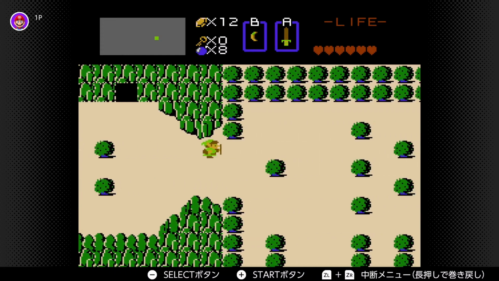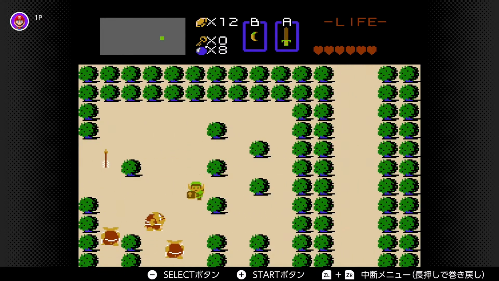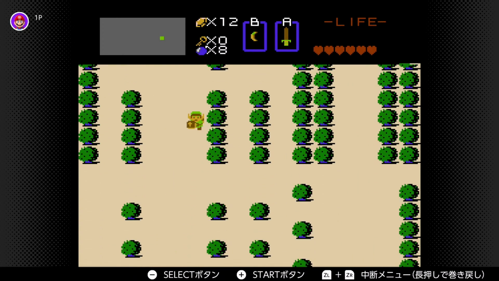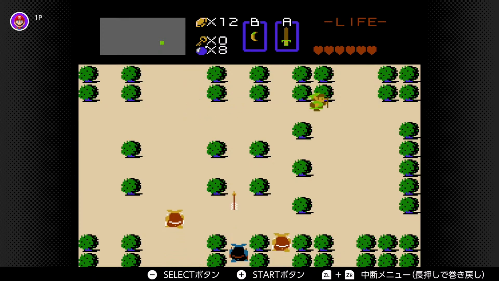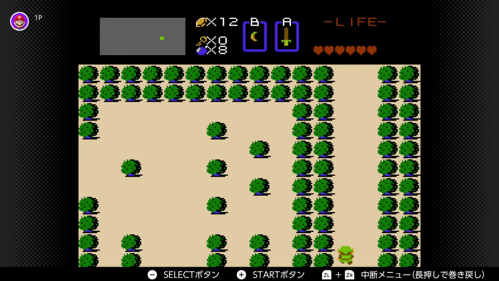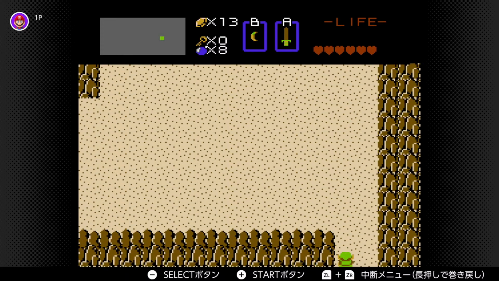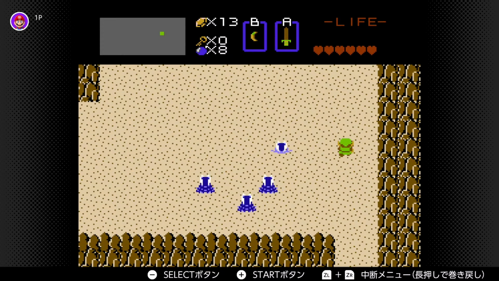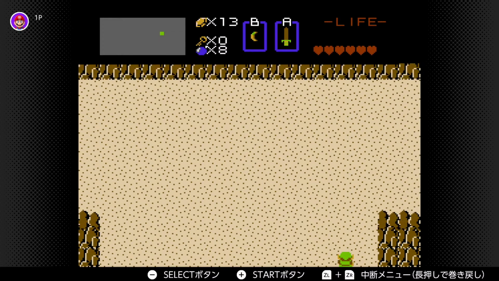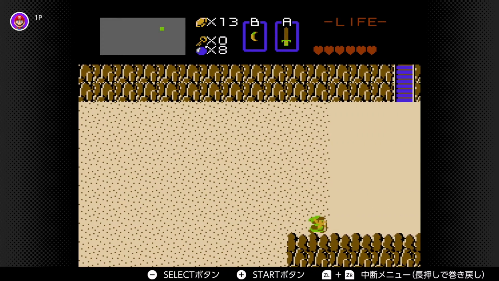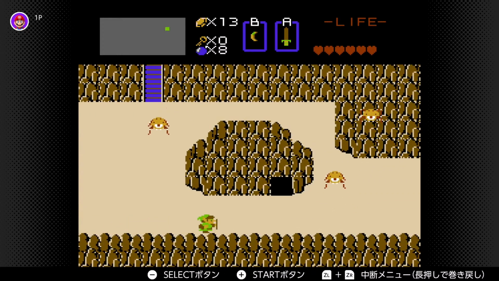I think I have to go here. No, not here, but probably up here. This way. Okay. No, here is the desert, so it's slightly more to the right, if I recall correctly. Let's see. Here.